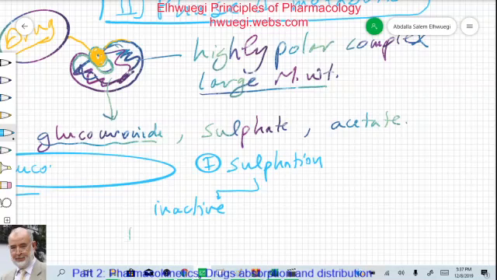For example, tamoxifen. This is an anti-cancer drug which has many utilizations. In rare cases, sulfation will result in a stable active metabolite.